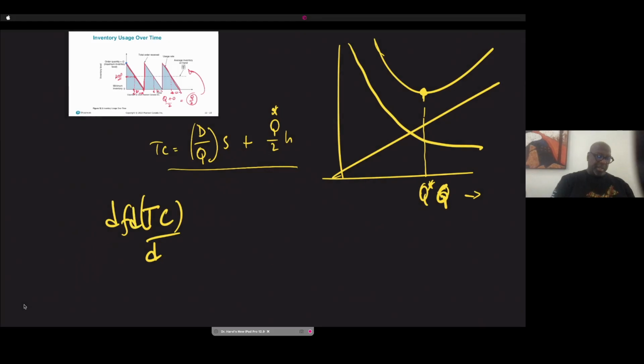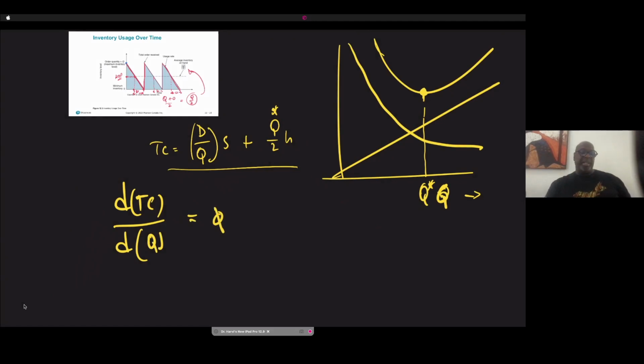So you're going to have to take the derivative of total cost over dQ, and equate that to 0.